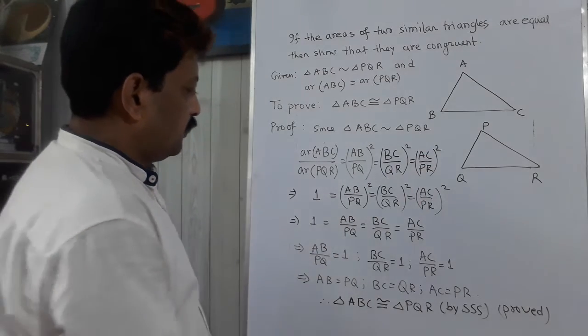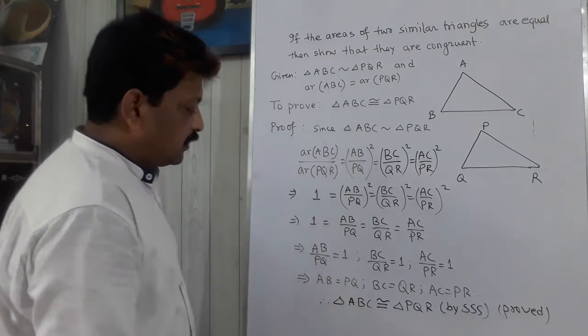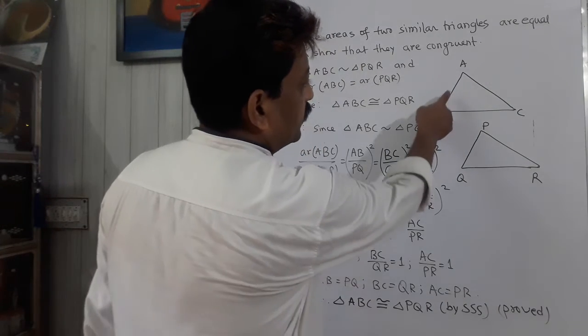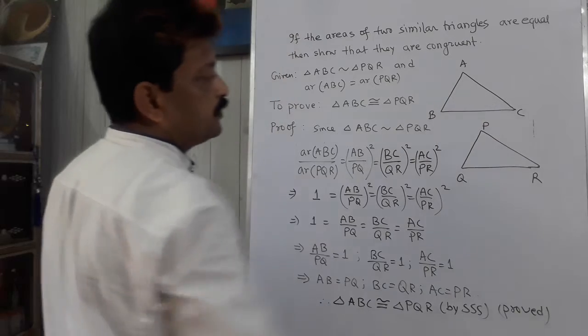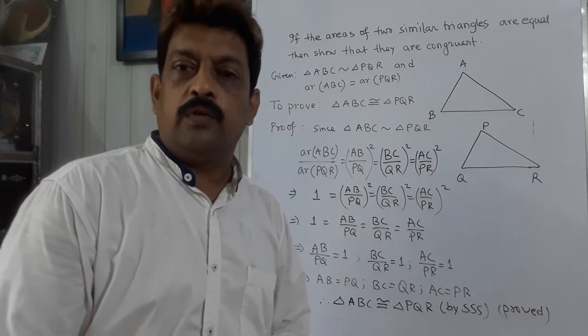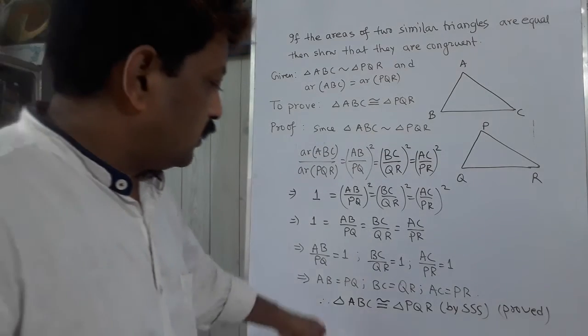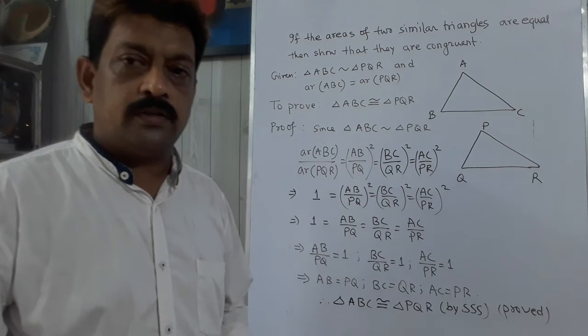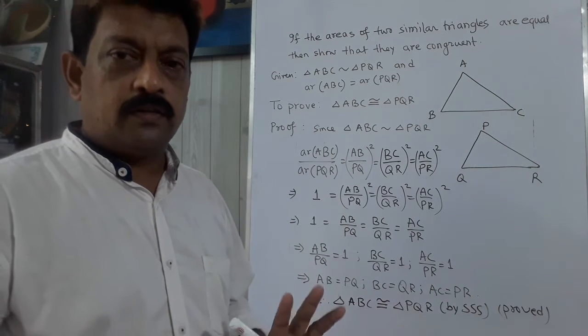Now by calculation we have got AB equals PQ, BC equals QR, AC equals PR. That is, all the three sides of triangle ABC are equal to the corresponding three sides of triangle PQR. Therefore, they are congruent by SSS, side congruency. Hope you have understood. Good.